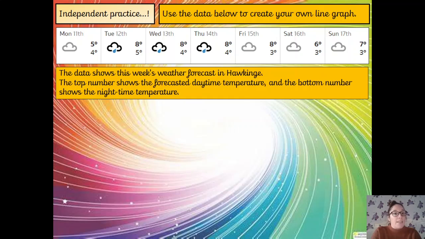So we can see today it's 5 degrees, tomorrow it's 8 degrees, Wednesday is 8, Thursday is 8, Friday is 8, the 16th, the Saturday, is 6 degrees, and the 17th is 7 degrees. And then those figures underneath show the nighttime temperatures.